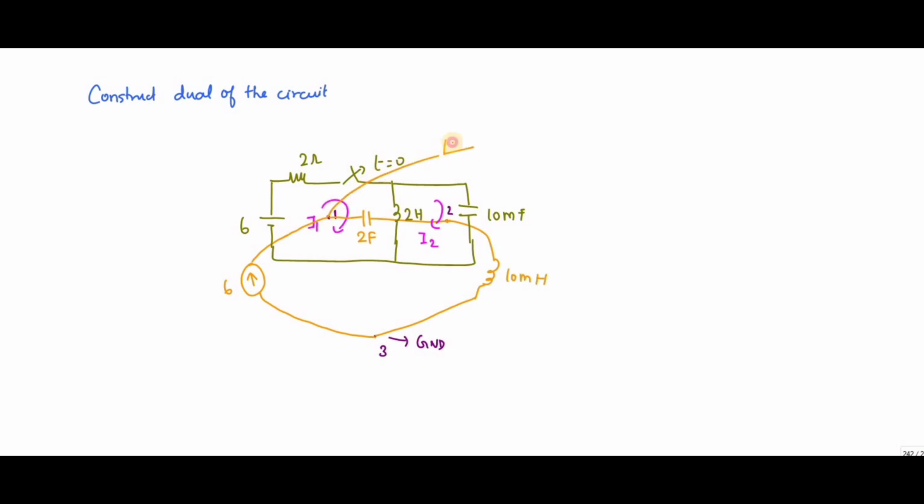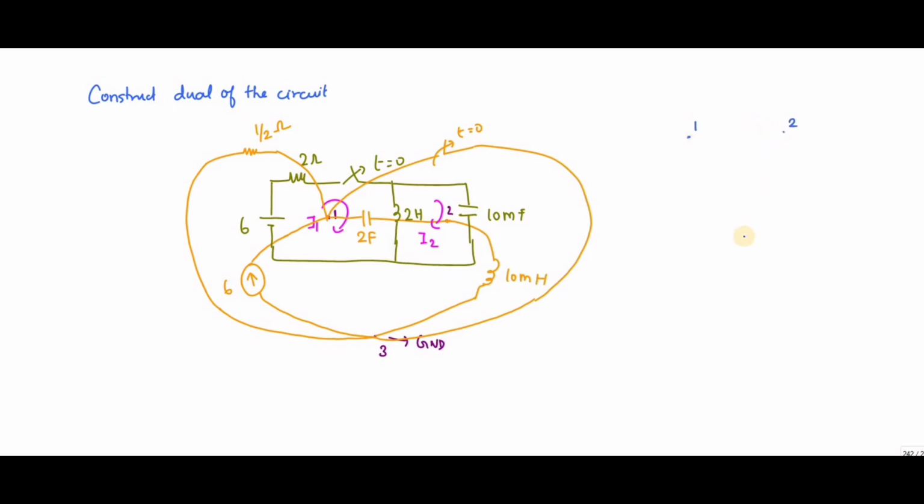The switch you can't change. From 1 to 3, the resistance has to be changed to a conductance. That value is 1 by 2 ohm. You should not write conductance as Siemens.